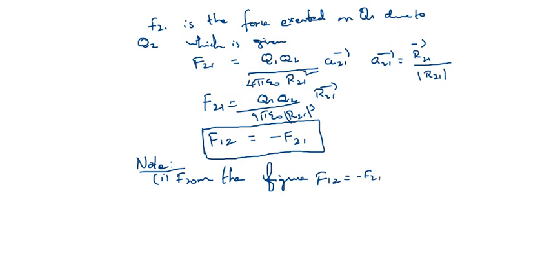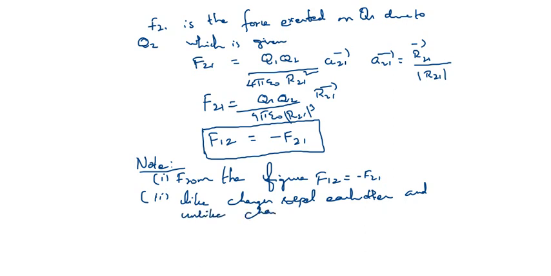The second point: like charges repel each other and unlike charges attract. And the third point: Q1 and Q2 must be static.